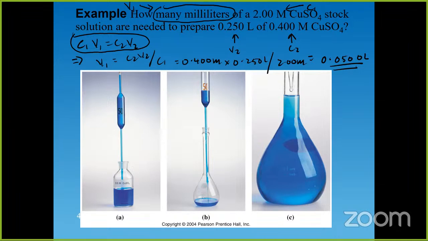In the lab, we added water up to about a third full. We stopper it, shake it up, and then add water more slowly until the meniscus gets up to that mark. Then we shake it up again to make sure that the solution is homogeneous. And that's how we accurately prepare a solution by dilution, all right?